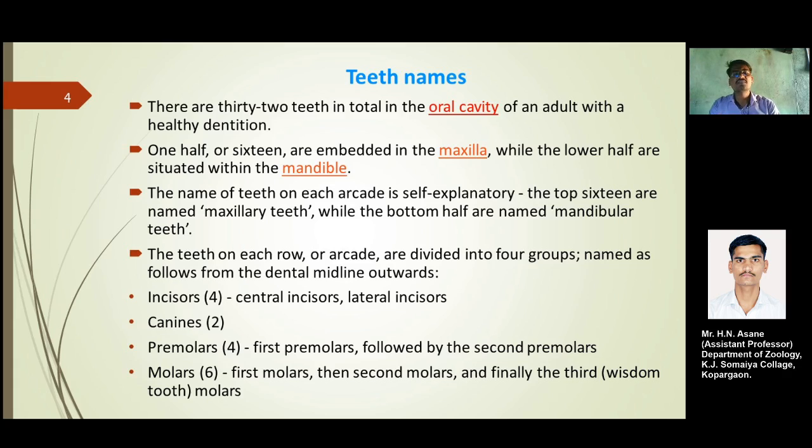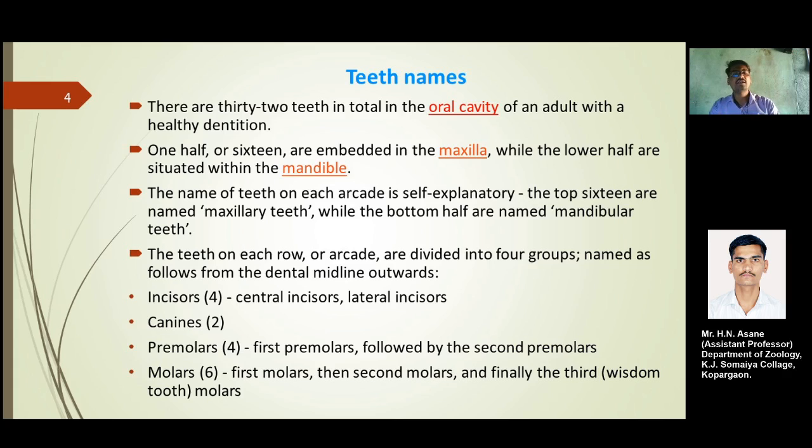There are four incisors in total, the central incisors and the lateral incisors, then two canines, and then four premolars on each side.